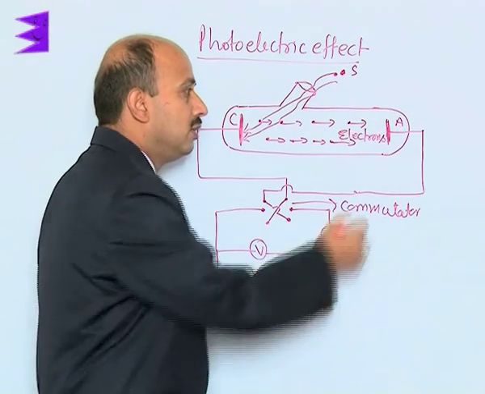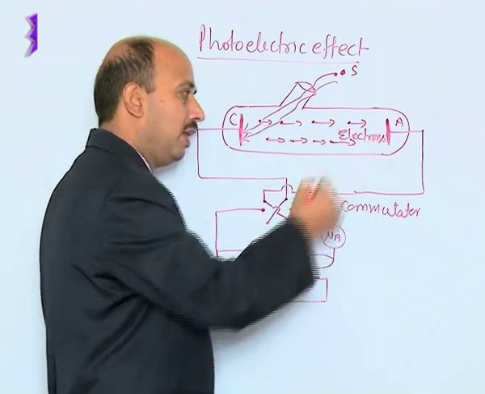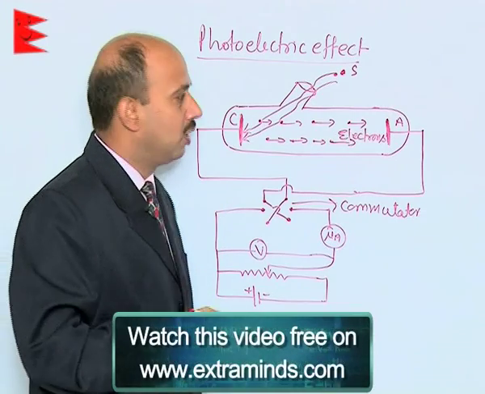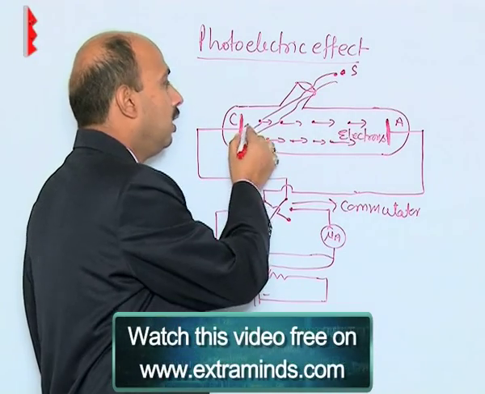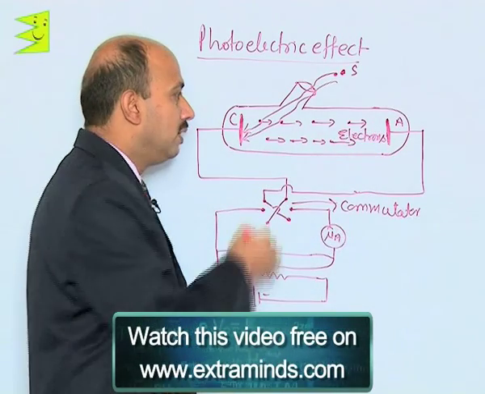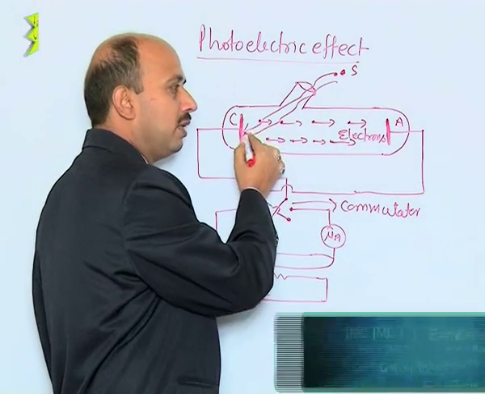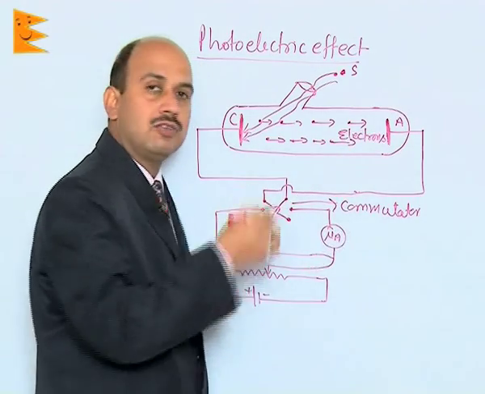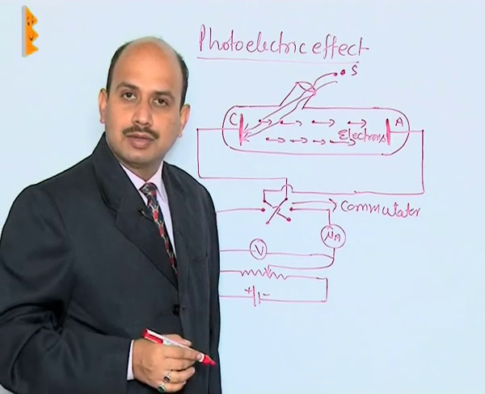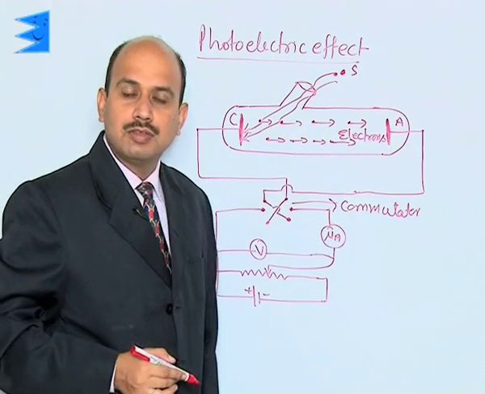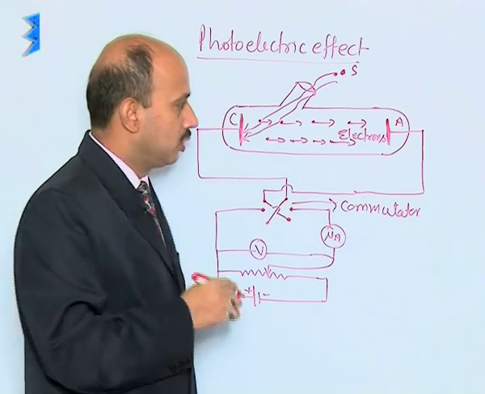Now the collector plate A is kept at a positive potential, so these electrons move towards the collector plate. When the electrons move from C to A, current flows in the circuit, known as photoelectric current, and this emission of electrons from the metal plate is known as photoelectric emission.